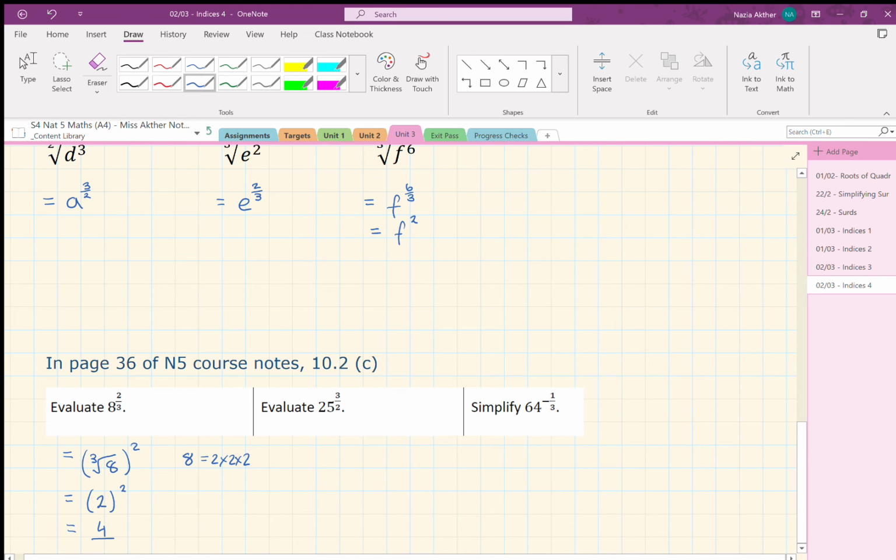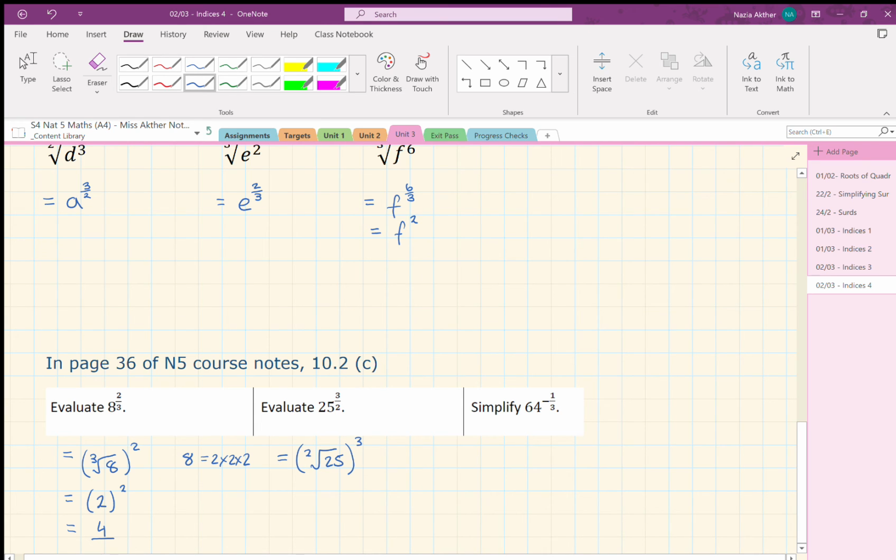In the second example, I've got 25 to the power of 3 over 2. So here this time my root will be 2 and my power is 3. So using rule number 7, I can write this as the square root of 25 taken to a power of 3.